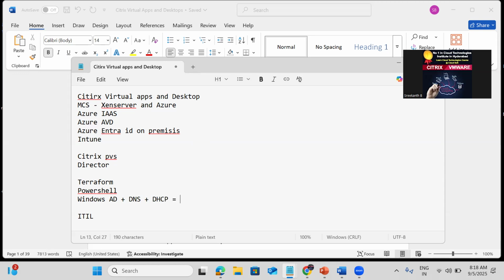And if you have Remote Desktop Services, and IIS for the web server. So these are all the things required from the Windows side. Yeah, please let me know if you have any doubts on this.